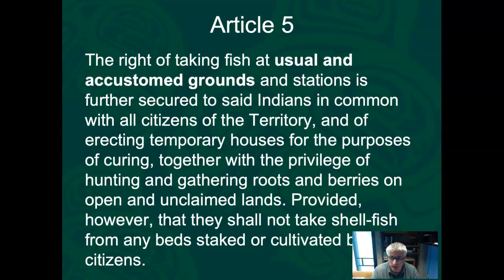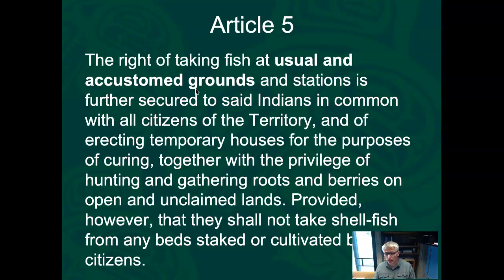So there's a few things in here, and like I mentioned, obscene amounts have been written about this. This is really the core of what we'll discuss here about the Boldt Decision and the later fishing decisions: the right of taking fish in usual and accustomed grounds, interpreted as places that you fished, hunted, and gathered prior to contact.